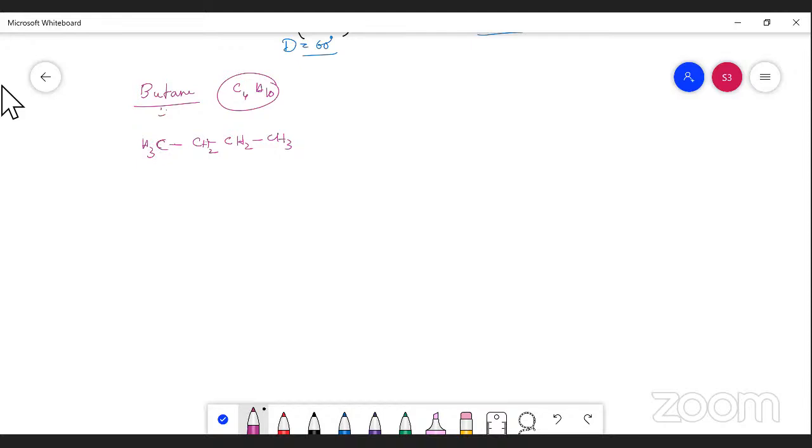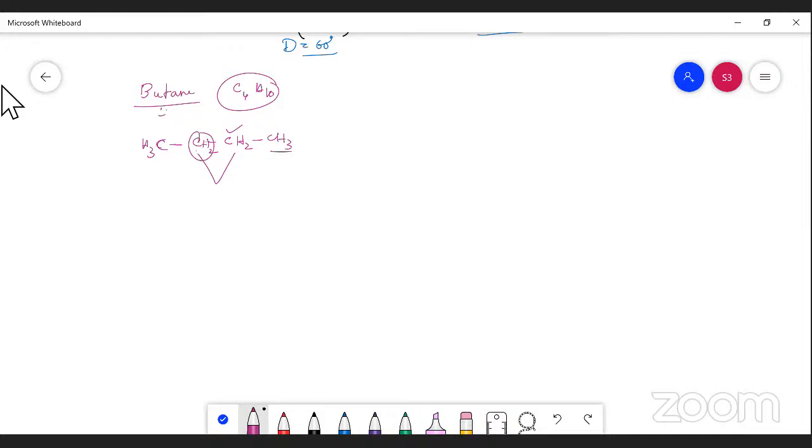Now, for our reference, you take these two carbons. This carbon is the front carbon, and this is the back carbon. In the front carbon, one methyl group and two hydrogens are present, and in the rear carbon, one methyl group and two hydrogens are there. So now let us apply the same conformational isomerism concept to butane.